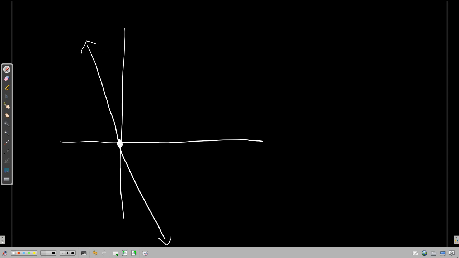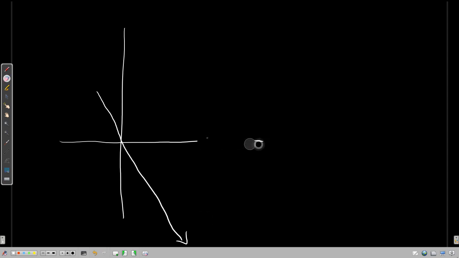I didn't include near enough space, so let me attempt to fix that. It's a shoddy attempt. We'll call this 9. And that means that negative 4 would have to be like right there.